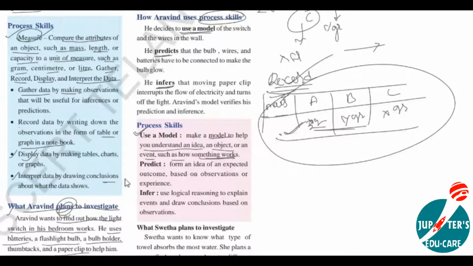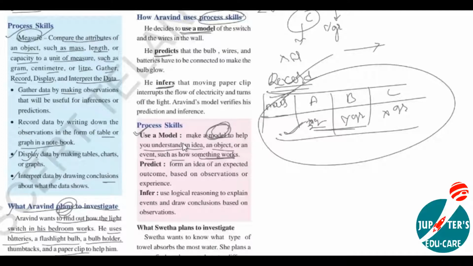This model always helps to understand the working, structure or function of the object we want to study. So here he wants to study how the bulb and the switch work in his room. So to understand that, he must use a model.